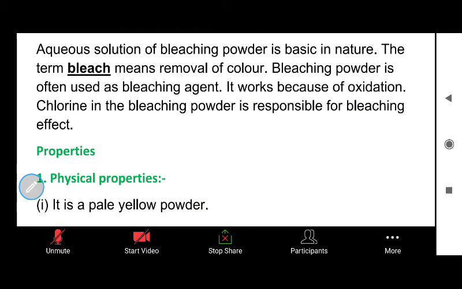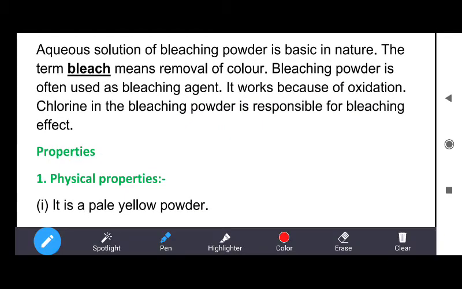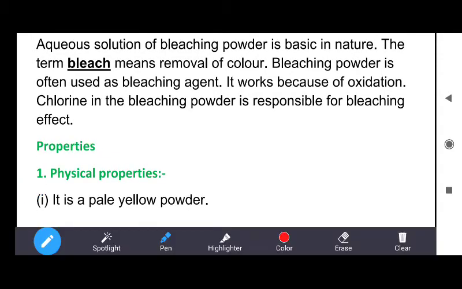Now some properties of bleaching powder. There are two types of properties of compounds. The first one is physical properties and second one is chemical properties. In physical properties, we will discuss the physical state, melting point, boiling point, means those properties in which no chemical change will occur, are called physical properties. For example, the first physical property is it is a pale yellow powder.